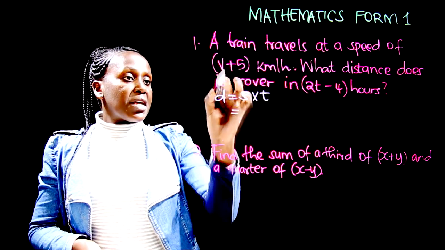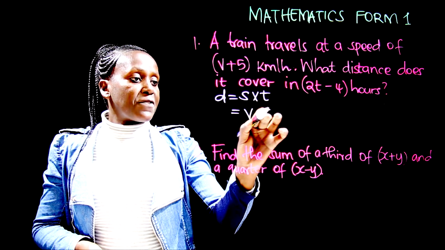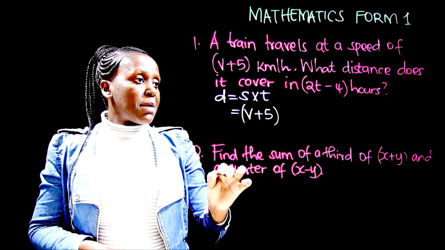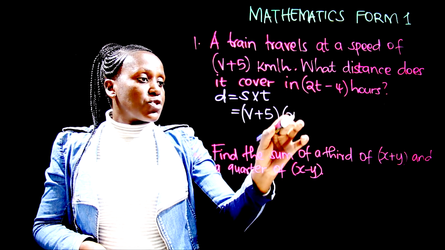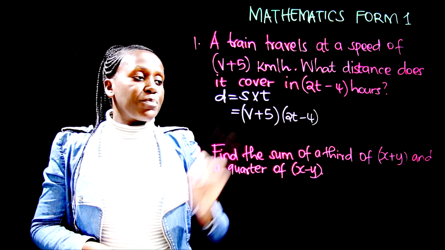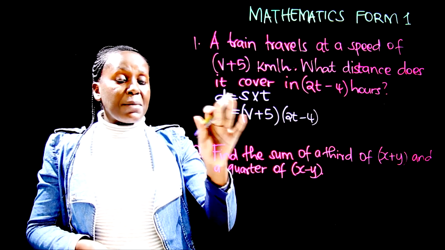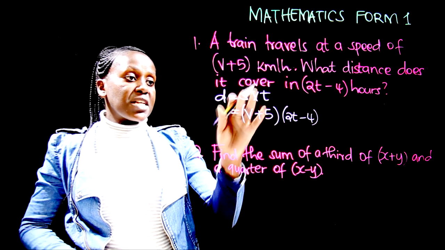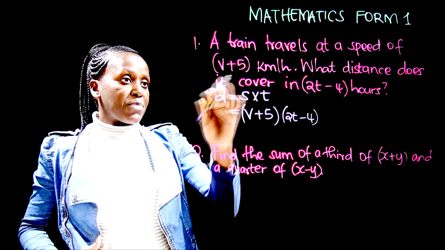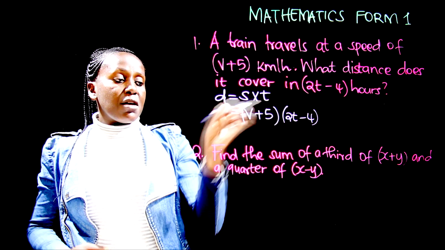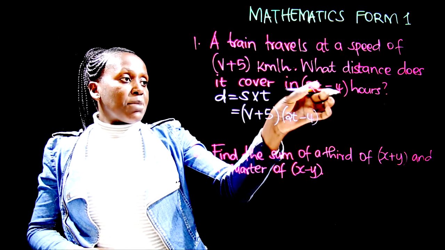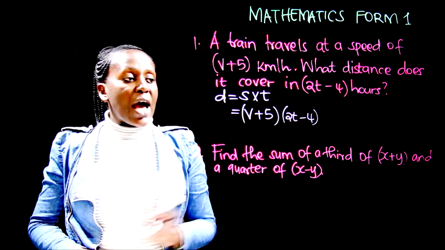So our speed is v plus 5. Then we multiply by time, which is 2t minus 4. So you need to remember this formula first, that distance is equal to speed times time. The speed given is v plus 5 and the time is 2t minus 4 hours.